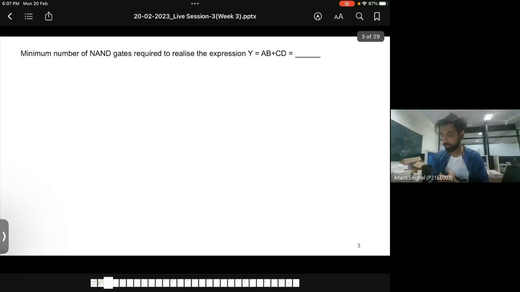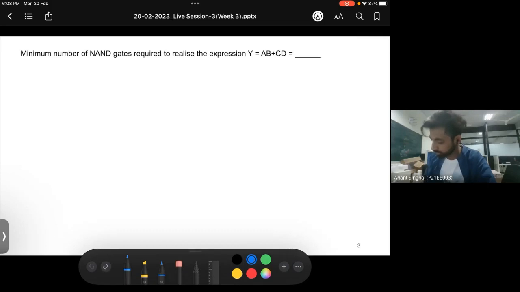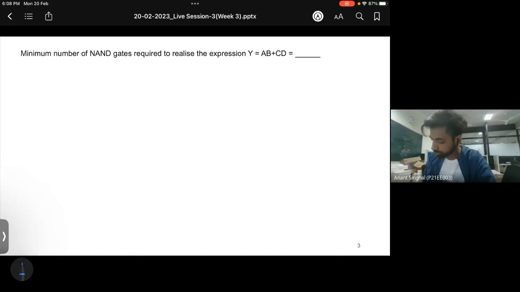Three NAND gates. So I'll cover the concept of these types of questions if you receive any in the future also. There are two types of implementation to do these types of questions.